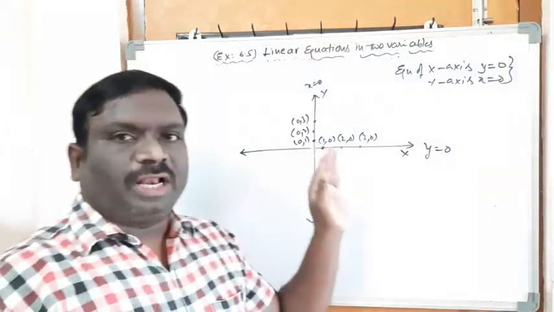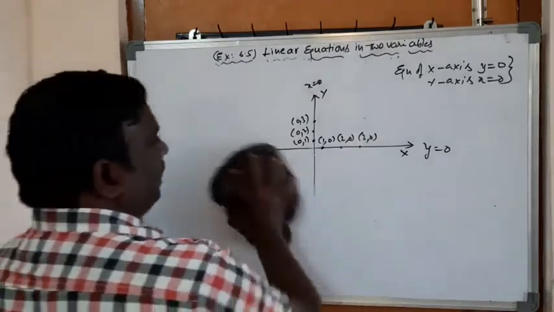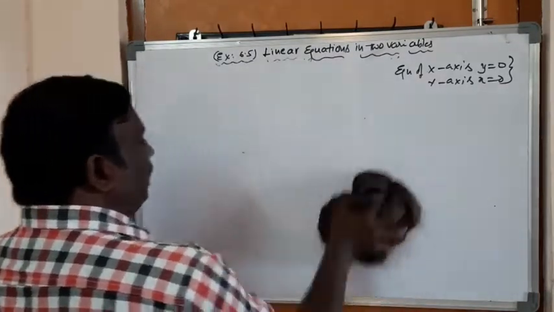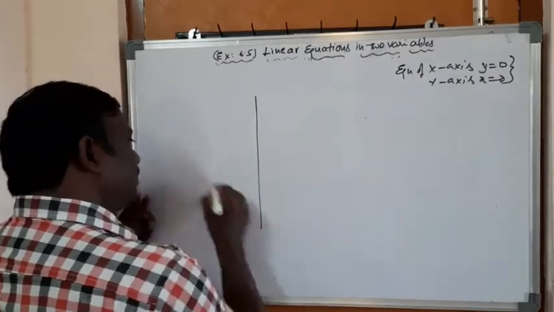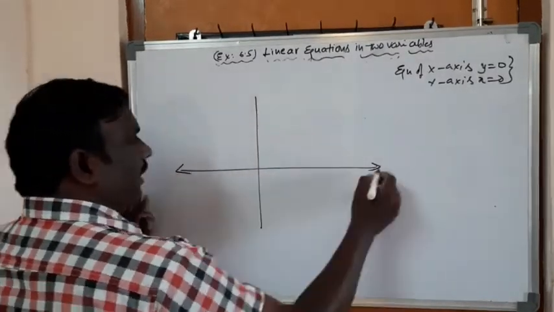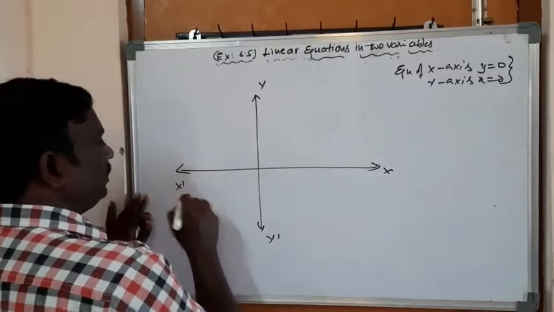Here, the equation of a line which is parallel to x-axis. Suppose this is x-axis, y-axis, y dash, x dash.